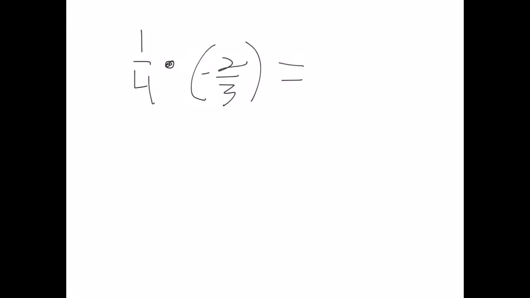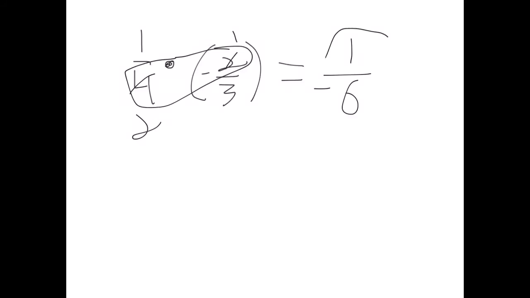We have two numbers right here that we can simplify. 2 goes into 2 once, 2 goes into 4 twice. Write your fraction line, 1 times 1 is 1, 2 times 3 is 6. Don't forget your negative, and that's your answer.